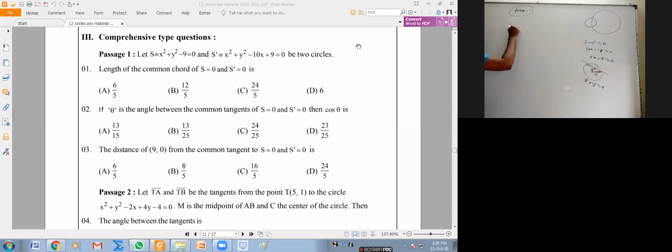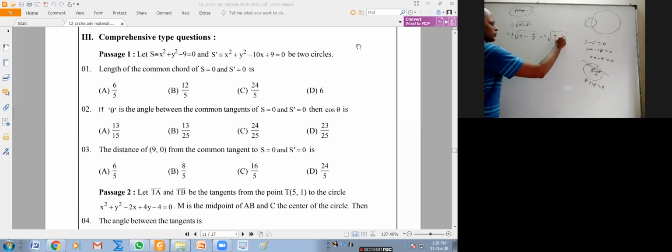So we will get 2 root r square minus d square. The radius square is 9, and the perpendicular distance from the origin to this line is 9 by 5. If we simplify it, we'll get the answer.